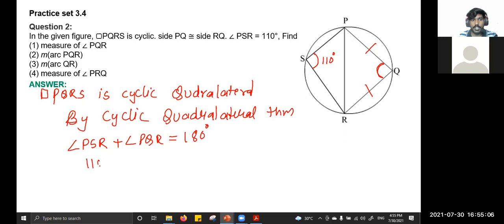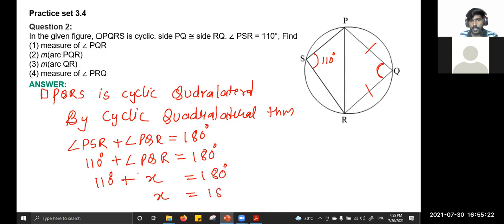So this is 110 degrees plus angle PQR, which you have to find out, or you take it X, however you want. Don't write PQR, take X. So 110 plus X is equal to 180 degrees. So angle X equals 180 degrees minus 110.